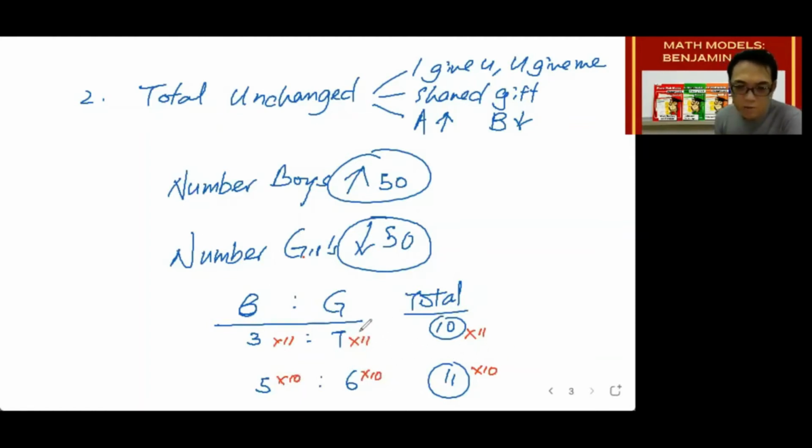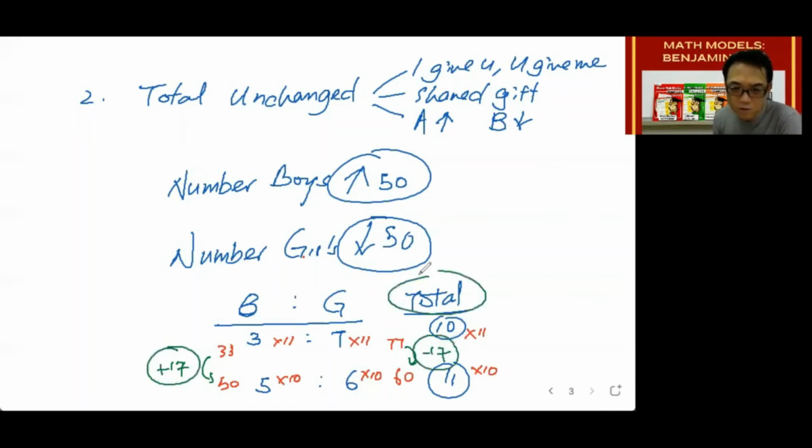Okay, now you can see here, I now have 33, and this is 50, and when you multiply this, you are going to get 77 and 60. If you were to look carefully here, you can see that this has increased by 17 and this has decreased by 17. The numbers are the same.